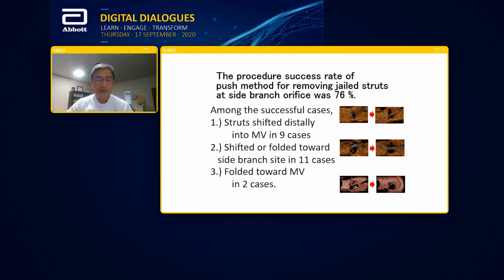The procedure success rate was 76%, and the strut shifted distally in the left main in 9 cases, shifted or folded toward the side branch side in 11 cases, and folded toward the main vessel in 2 cases.